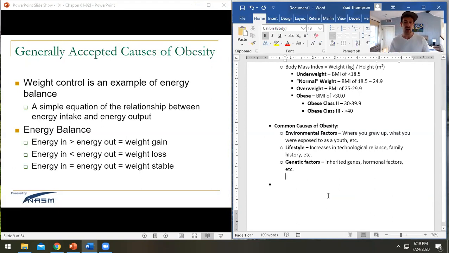So one other thing we got to understand about obesity. Another thing that is absolutely important to understand, especially when we're talking about lifestyle and certain environmental factors, is that weight control is an example of energy balance. This is another thing that we are definitely going to come back to.